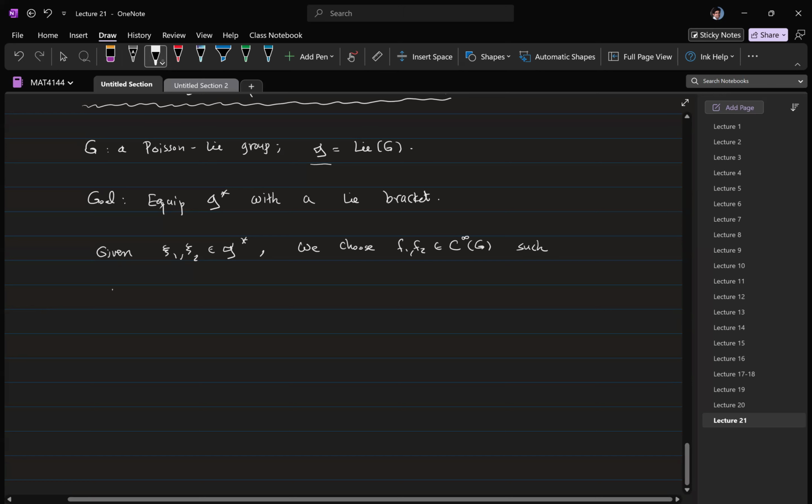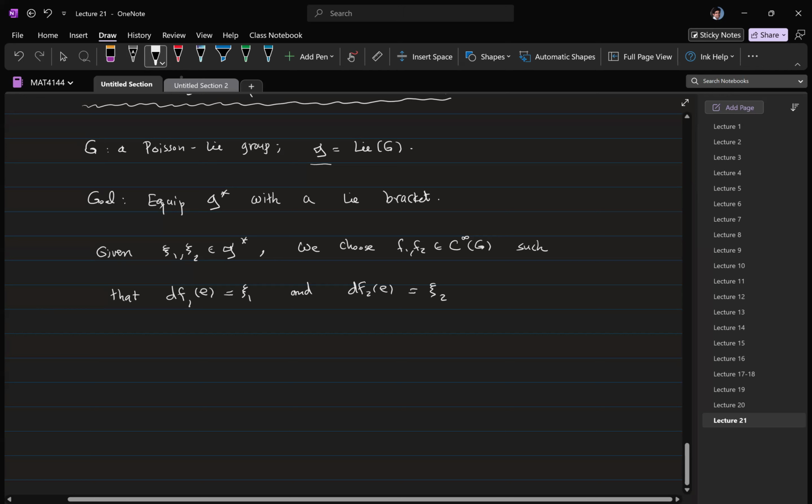Such that the derivative of F1 at the identity element of capital G is C1, and the derivative at the identity of F2 is C2. Okay?